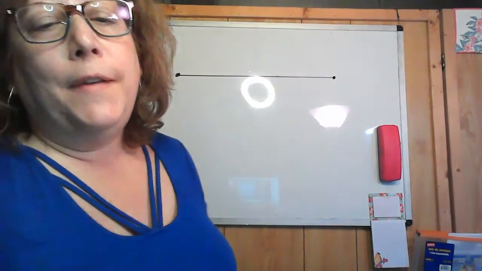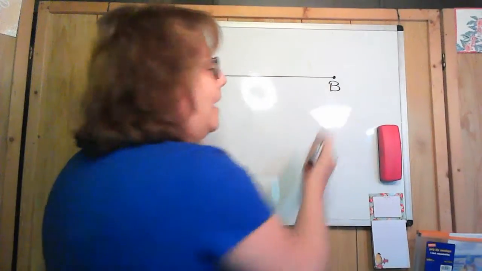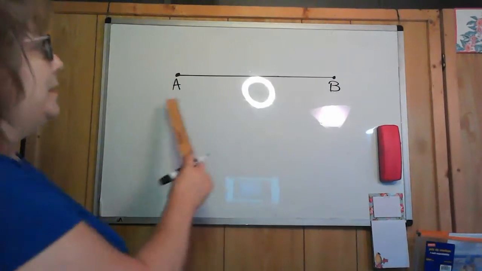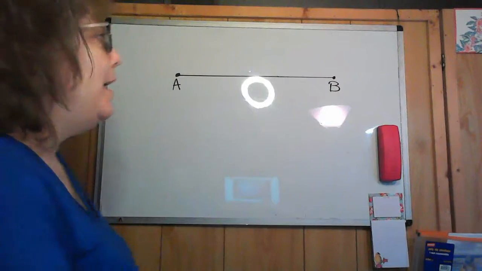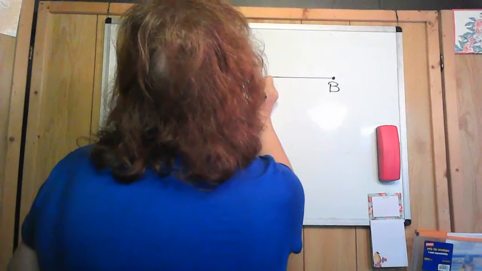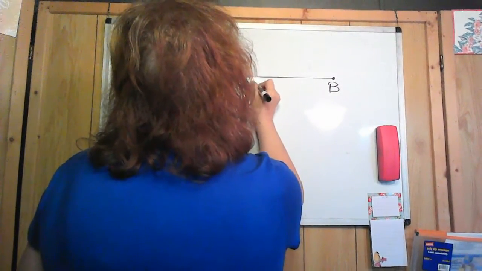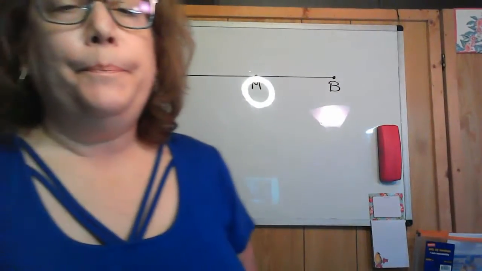We have A and B. Remember, we name our lines with letters. So this is segment AB, but we also have something right in the middle. I'm going to just take a guess here that this is the middle, and we're going to call that M, point M.